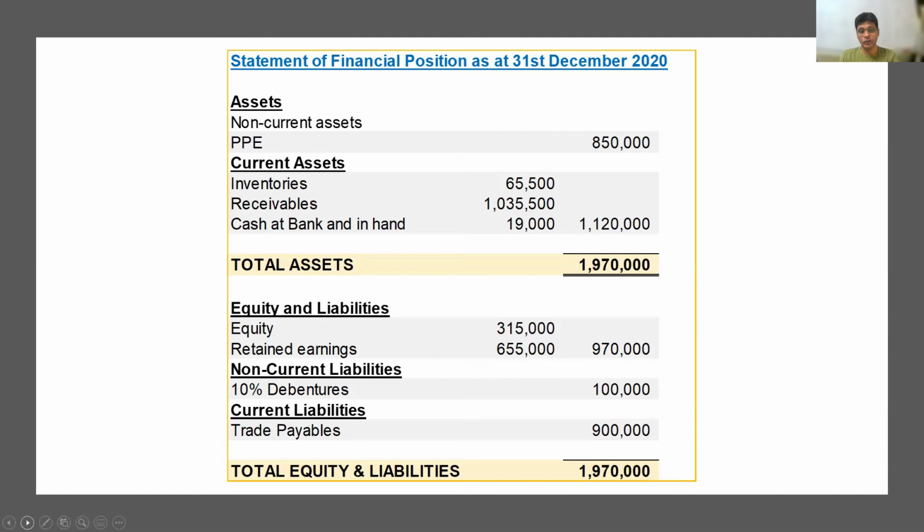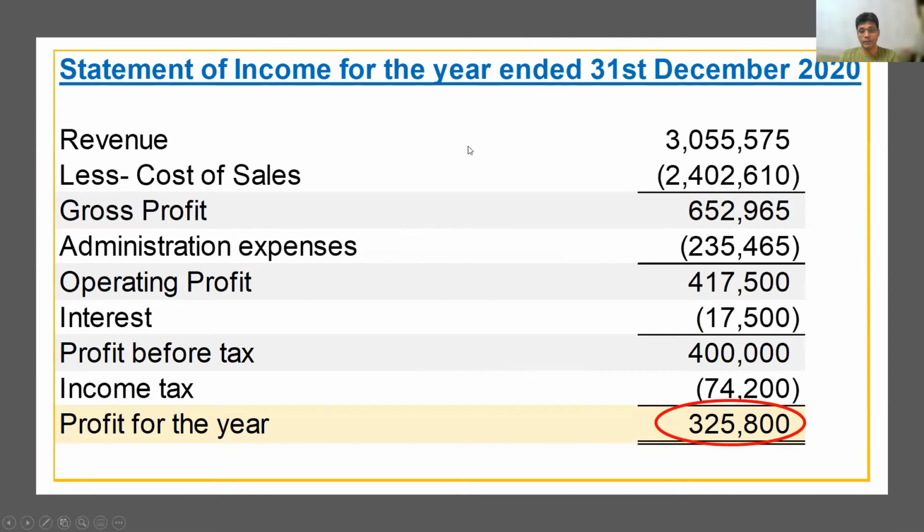First and foremost, you need to identify the profit after tax and preference dividend. That amount will come from the income statement, that is, the profit for the year of 325,800, which is after deducting interest and income tax. In this scenario, the preference dividend is not given, so we don't need to consider it.